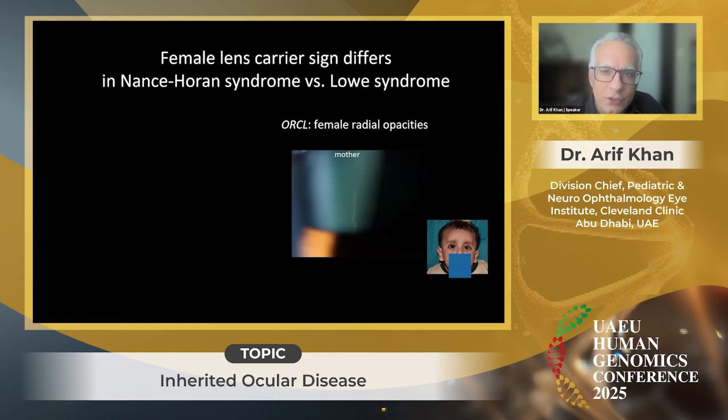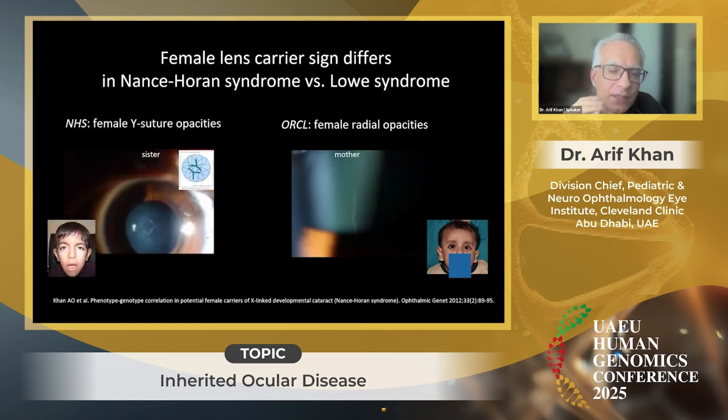In the Lowe syndrome carriers, the mothers, the females, or the sisters have this radial lens opacity. They're asymptomatic, of course, because it doesn't affect the vision. Whereas in Nance-Horan syndrome, the female carriers have lens opacities on the Y sutures. It's amazing how distinctive this is and how specific it is and how useful it is in making a clinical diagnosis in these patients.